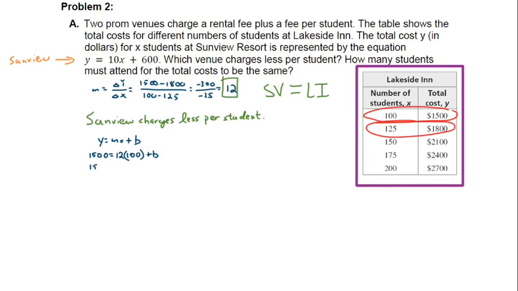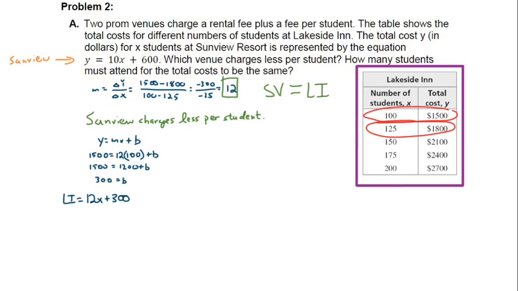So that's 1,500 equals 1,200 plus b. Subtract the 1,200 over, b equals 300. So the equation for Lakeside Inn would be 12x plus 300.